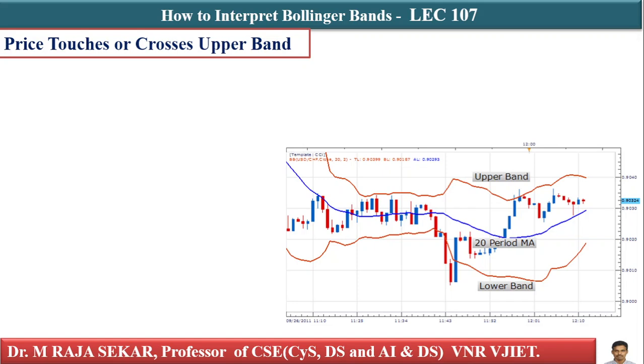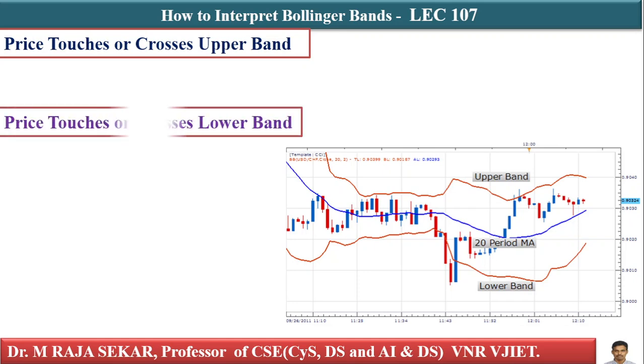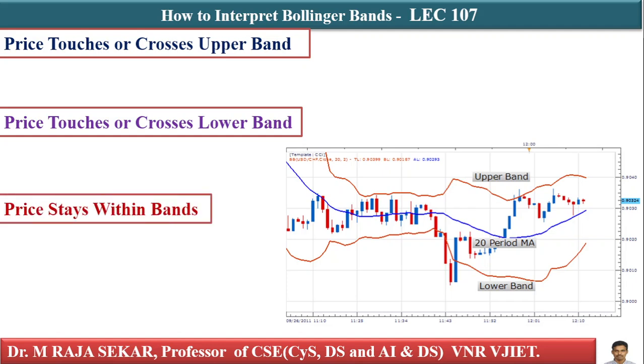First, price touches or crosses the upper band: it indicates an overbought condition. Price touches or crosses the lower band: it indicates an oversold condition. What about price staying within bands, or price walking the band?